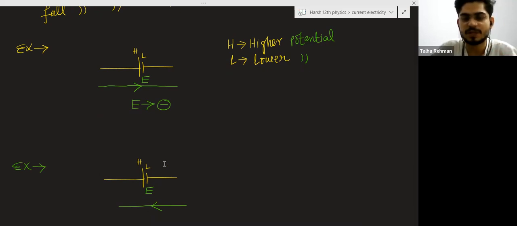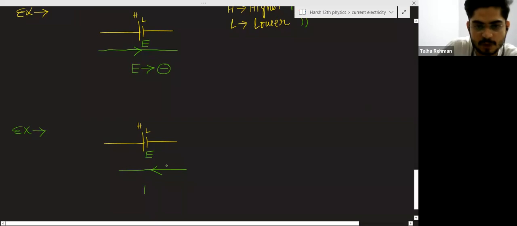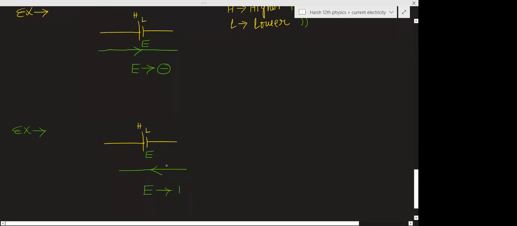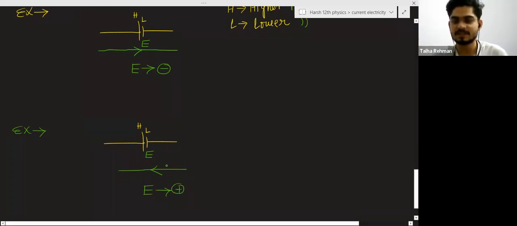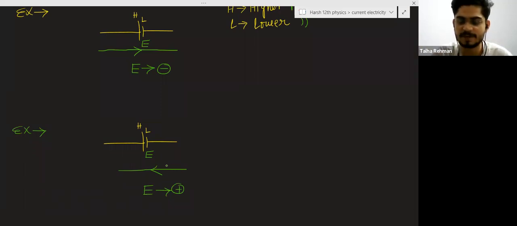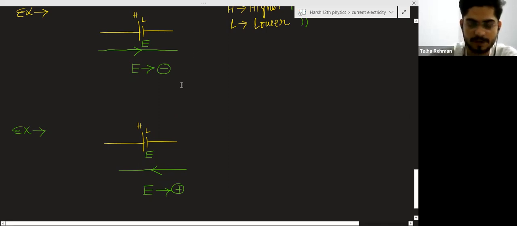There is a rise in potential, so you will take this E as positive this time. When we apply this in a loop or in a circuit, we will get better understanding.